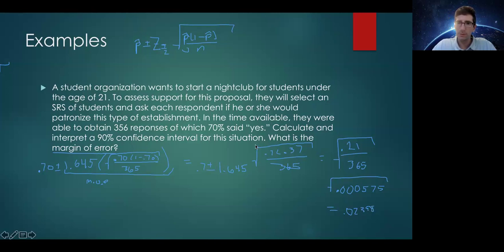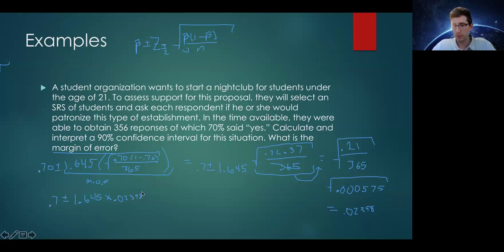So just looking at this piece first, kind of doing that step by step, now what do we have? We have 0.7 plus or minus 1.645 times this 0.02398.